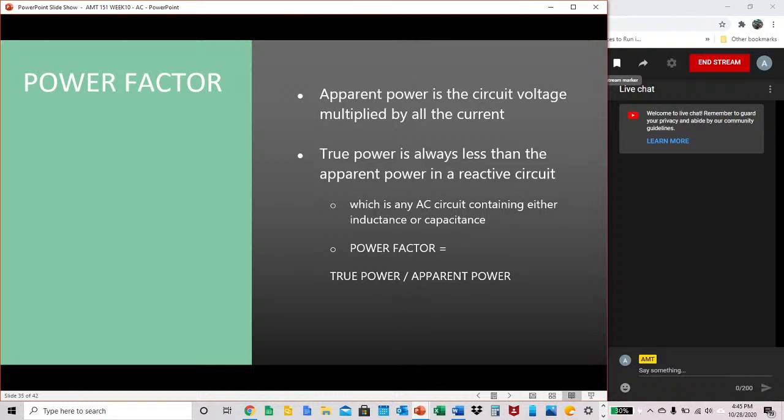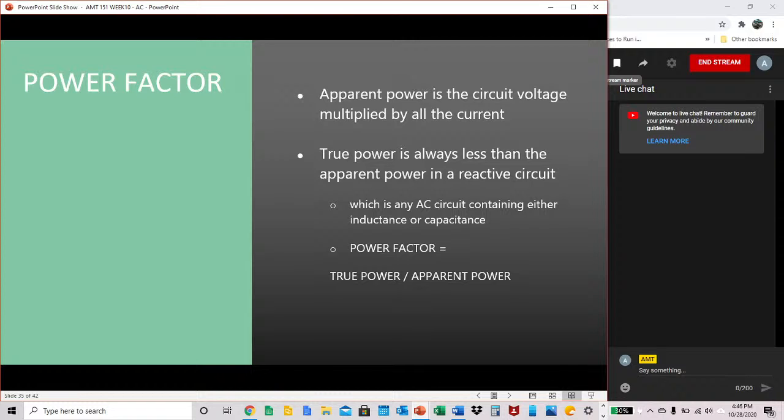And power factor. There is a power factor in AC values. There we have apparent power, which is the circuit voltage multiplied by all the current. We have true power, which is always less than the apparent power in a reactive circuit, which is any AC circuit containing either inductance or capacitance.